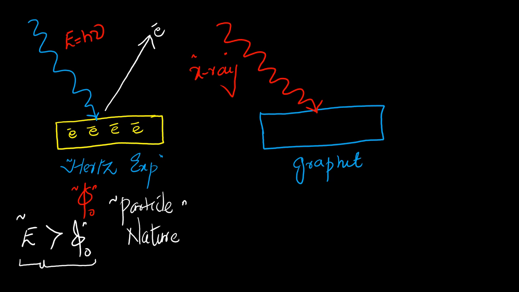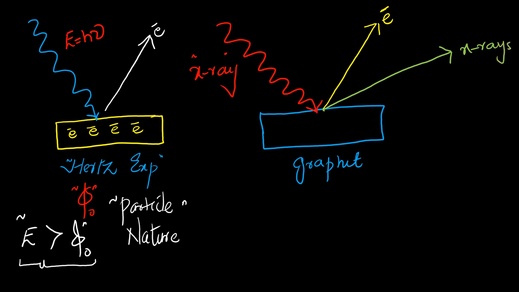And he observed that these X-rays, which are highly energetic electromagnetic radiations, caused the ejection of electrons, and along with that the incident beam of X-rays was also reflected, or the photons of X-rays were reflected.